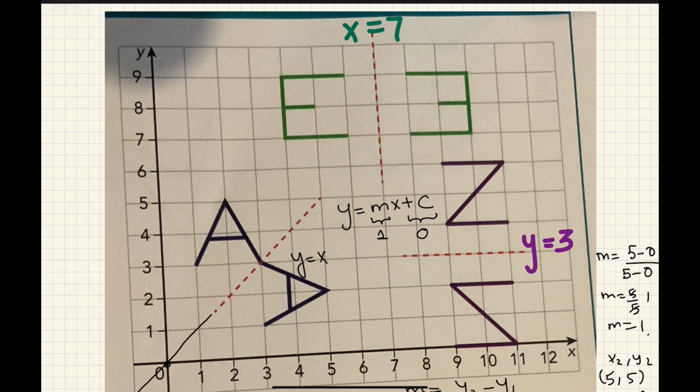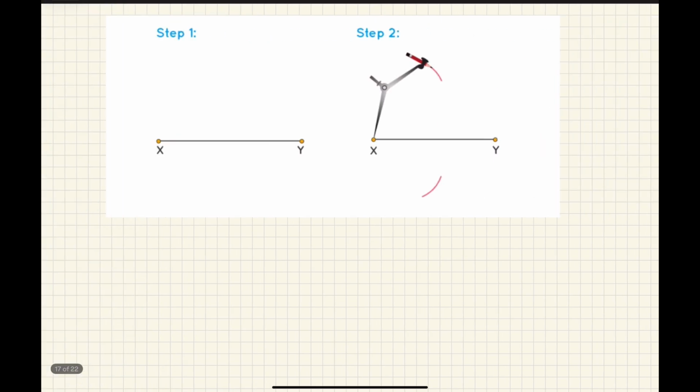So if you want to plot or construct the line of reflection, you should know how to draw the perpendicular bisector of a line joining 2 points. What are those 2 points? The object and its respective image point. If you construct the perpendicular bisector, you will get the line of reflection. Now you should first know how to construct a perpendicular bisector.